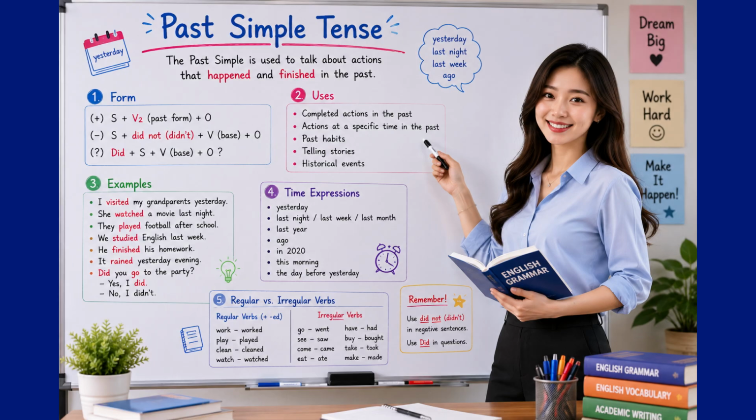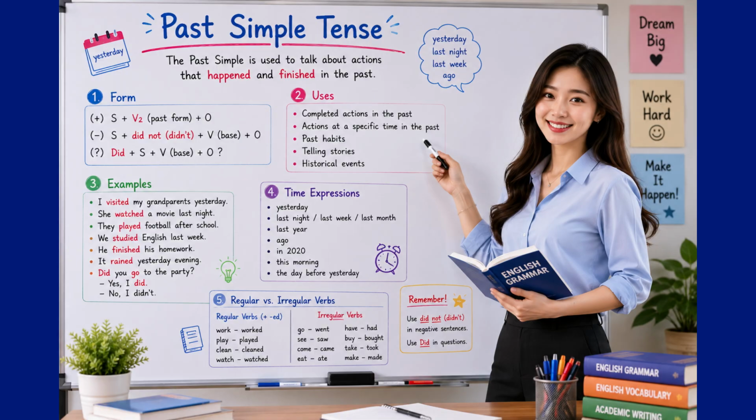You can also keep a daily journal and write 5 to 10 sentences about what happened during the day. Reading stories and biographies is another excellent way to see the past simple in action because most narratives use this tense extensively. Watching English movies and listening to English stories can also help you recognize and understand how native speakers use the past simple naturally.